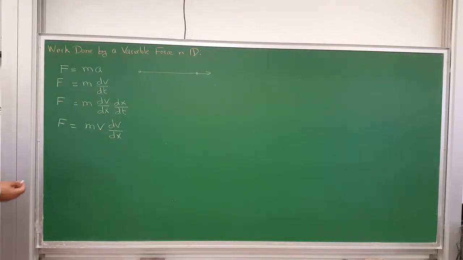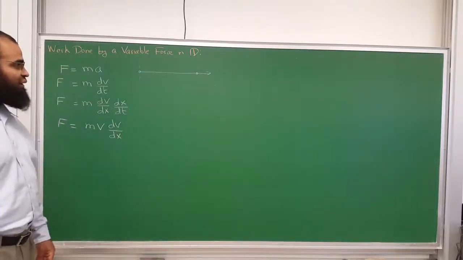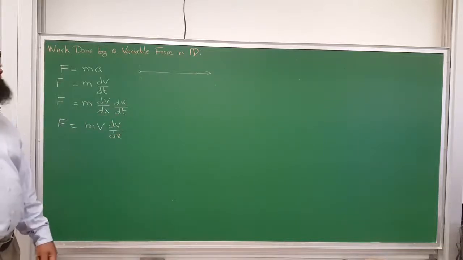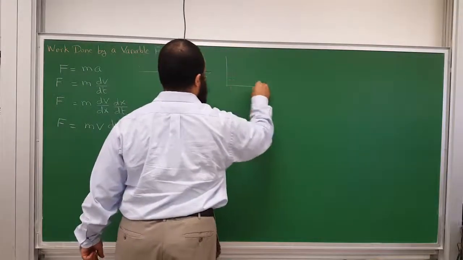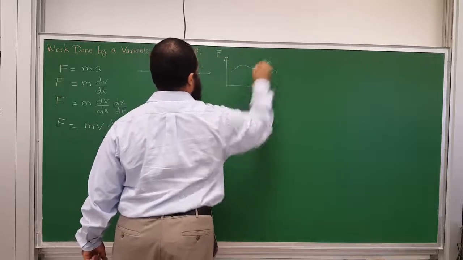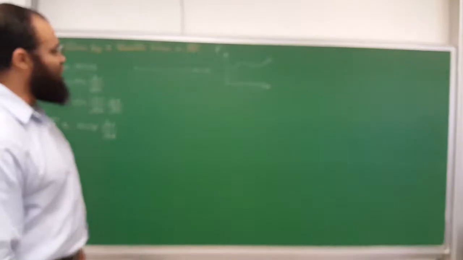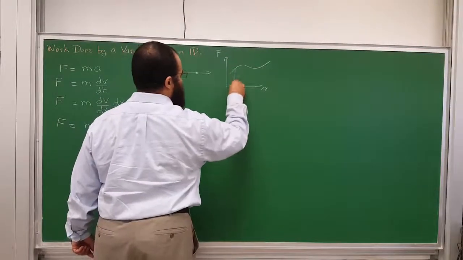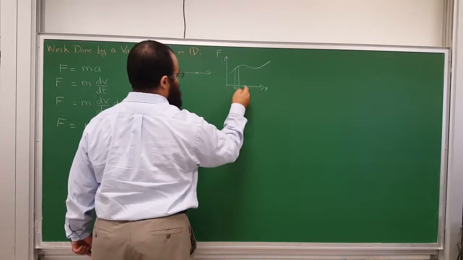Instead of saying the work done was the force times distance as earlier, now the force at every step of the way is changing. So what is the force? For example, as a function of x, here is x, here is F. F could be changing with x. It could be some function of x. So what should I do to find the work done? Well, I will divide the x-axis into little intervals of dx, a little delta x.